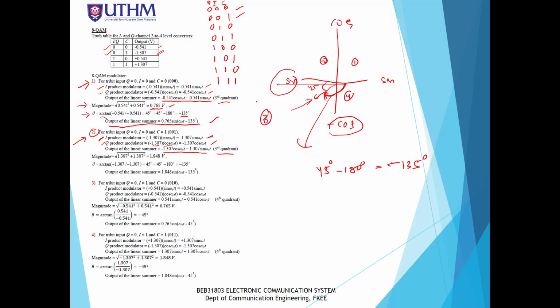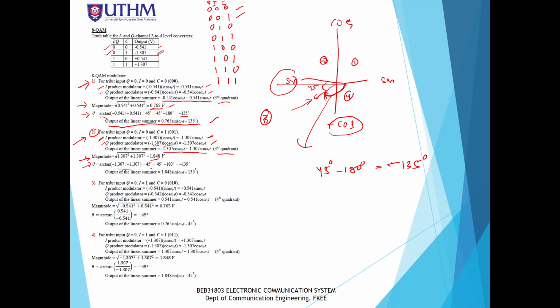Okay, the third quadrant. So I need to simplify the equation as a sine function only. Therefore I need to find the magnitude: 1.307 squared plus 1.307 squared, then take the square root, and I get 1.848 volt. And the phase would be arctangent of negative 1.307 over negative 1.307, which is 1.